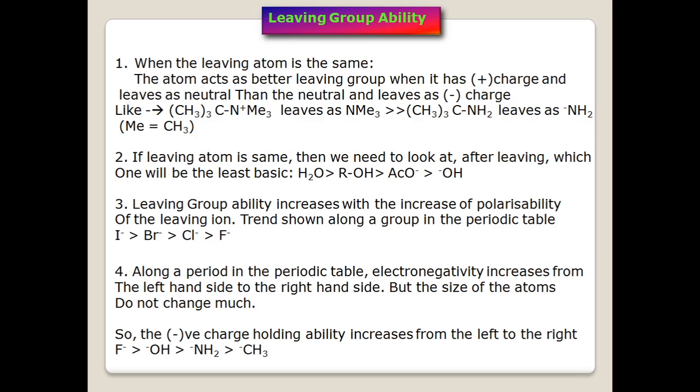So in the second period, if we take carbon to fluorine, fluorine has the highest electronegativity. So fluoride is more stable than OH minus, which is again in better shape than NH2 minus. NH2 minus is more stable than CH3 minus. So the leaving group trend also will follow in the same way.